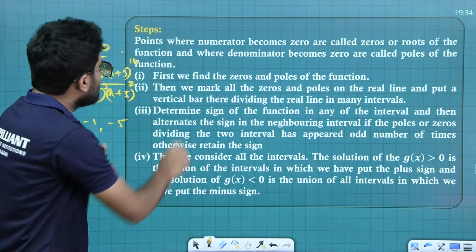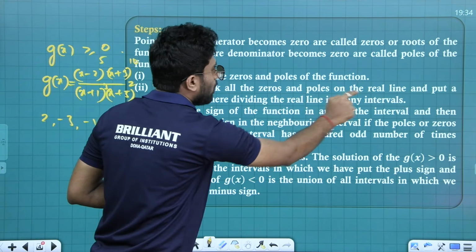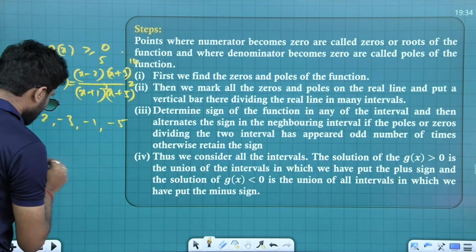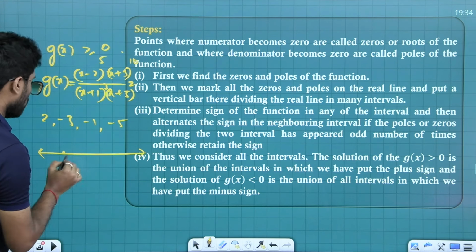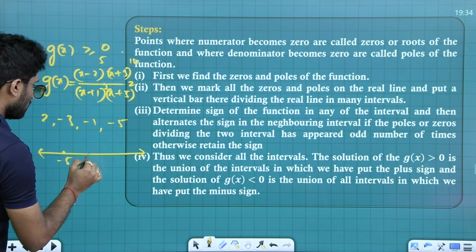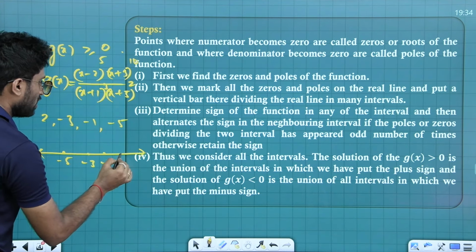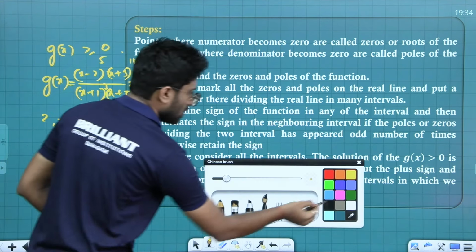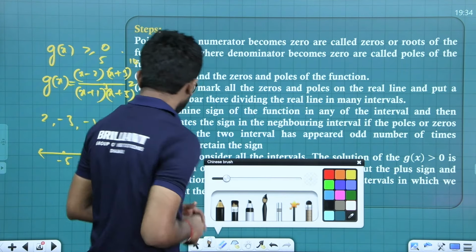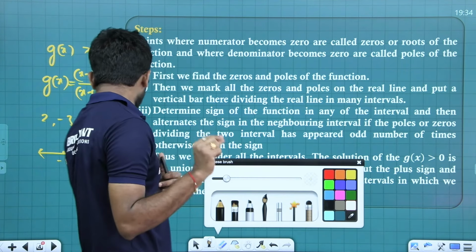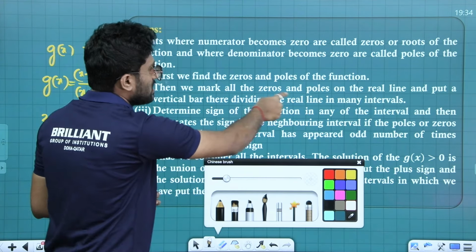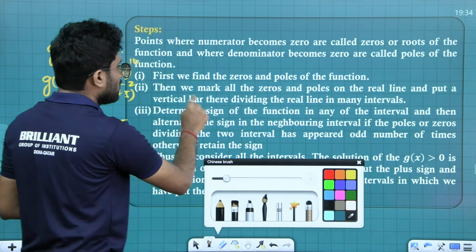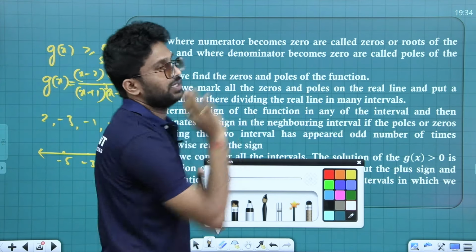Next, we mark all the zeros and poles on the real number line. Okay, let's see. In ascending order: first minus 5, minus 3, minus 1, plus 2. Clear? Now we mark all the zeros and poles on the real number line and put a vertical line, thereby dividing it into many intervals.